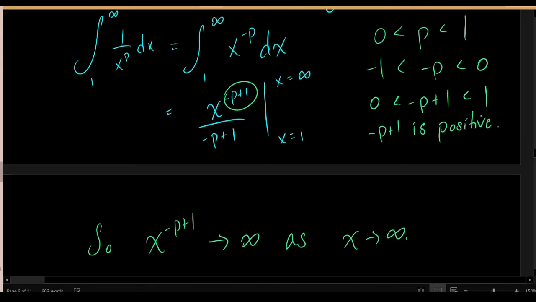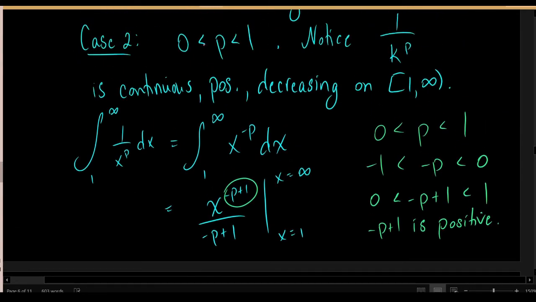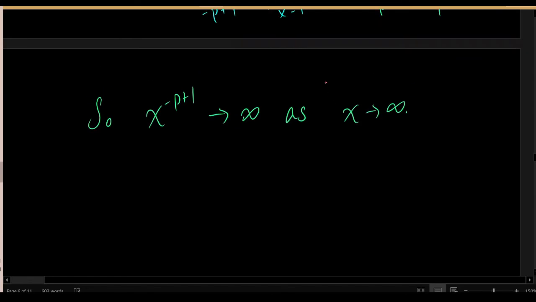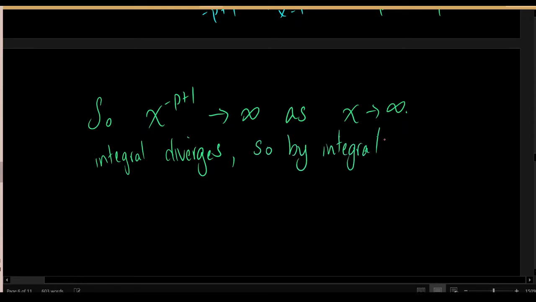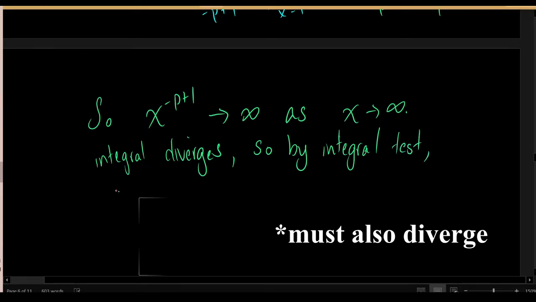So as a result of that, whenever the power p is squeezed between 0 and 1, the improper integral diverges. And as a result of integral test, that means that the series must also diverge.